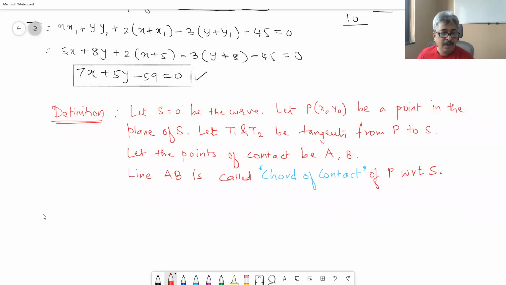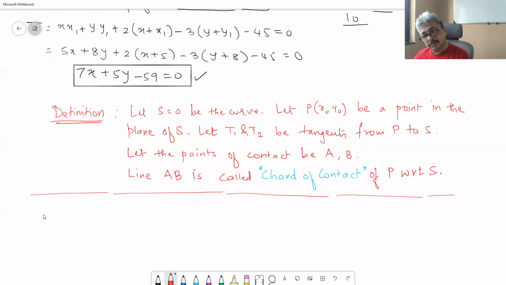Therefore, let us do it for the general case, general conic. Let me change the color. Let S is equal to 0 be the curve which is already written.